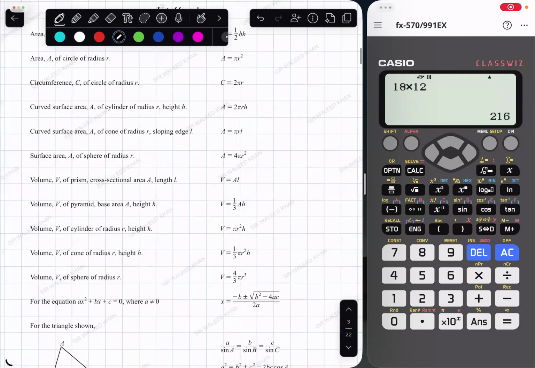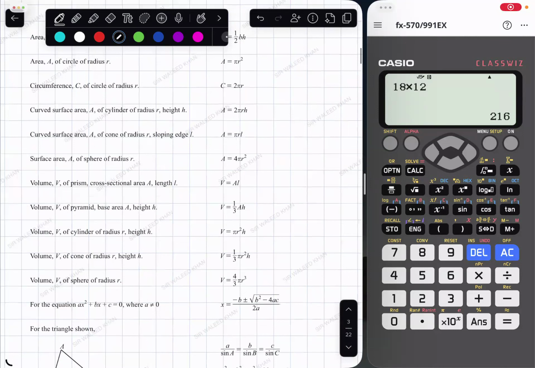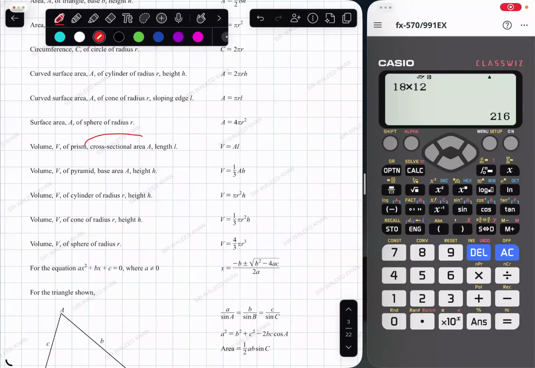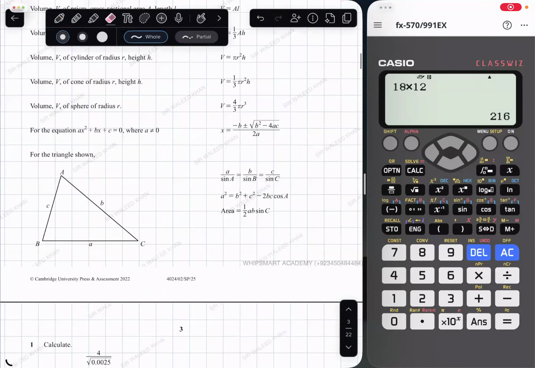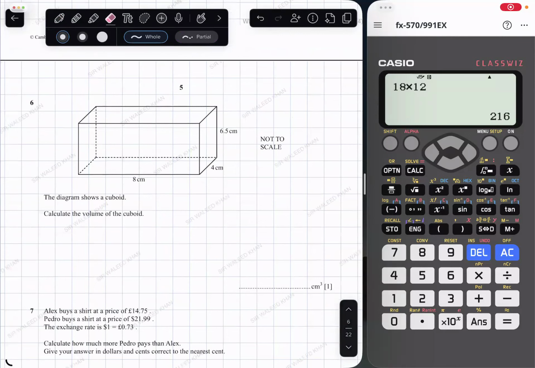For example, volume of hemisphere, right? The surface areas, you are just given the curved surface areas. So you should have the basic knowledge of what we are going to deal with. The volume of a prism, they have mentioned it like this: cross-section area, which is also base area, times height. It's the same as that.